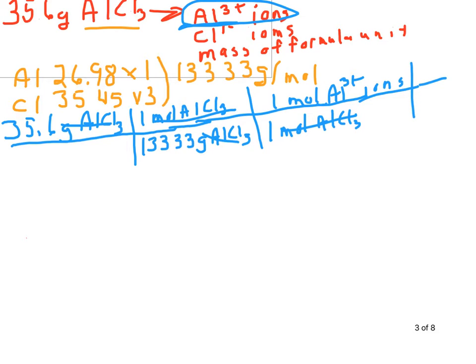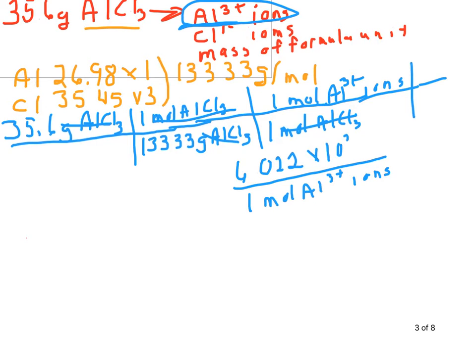I'm running out of room here, so I'm going to extend my bar down here. In 1 mole of aluminum ions, we have 6.022 times 10 to the 23rd aluminum ions using Avogadro's number. Moles cancel the moles. And we're ready for calculations.